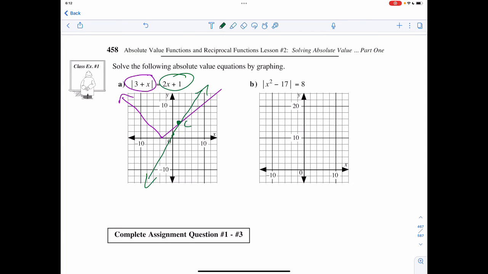I can solve for the intersect, and the intersect is going to occur at the point 2 and 5. Remembering that the only part that's really important is just the x value, where x is equal to 2.